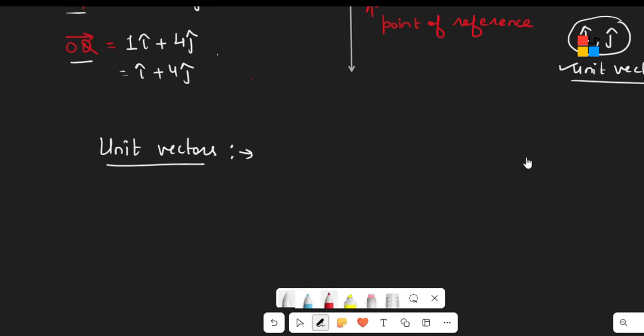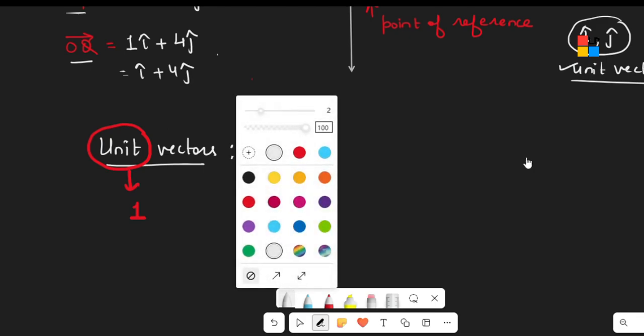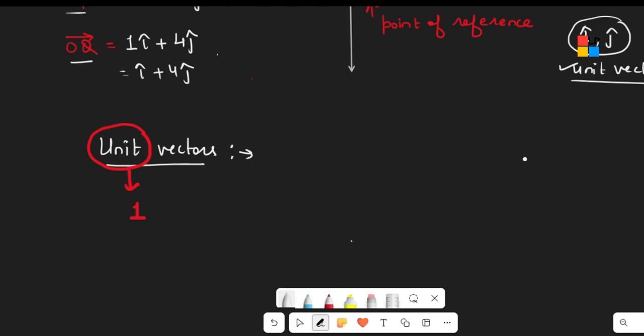As the term is self-explaining, unit means 1, and that means the magnitude is equal to 1. So if I write i cap in the modulus, the value will be 1.